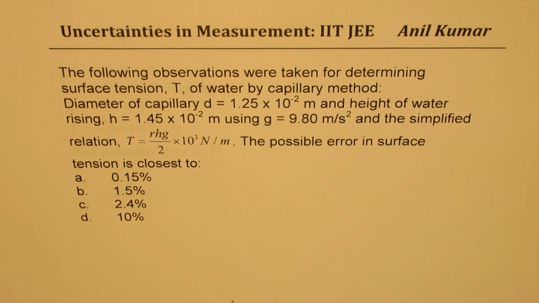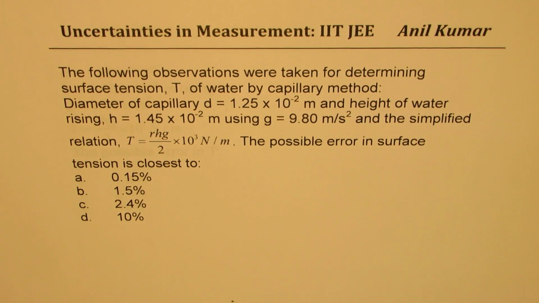Now the question here is, the following observations were taken for determining surface tension T of water by capillary method. Diameter of capillary D equals 1.25 times 10 to the power of minus 2 meters, and height of water rising H equals 1.45 times 10 to the power of minus 2 meters.